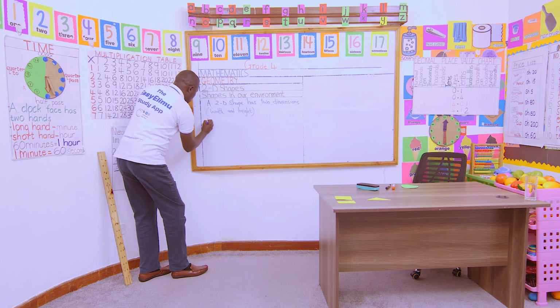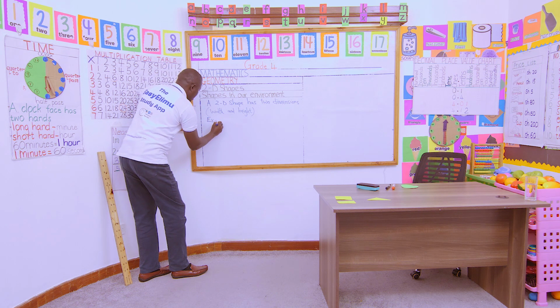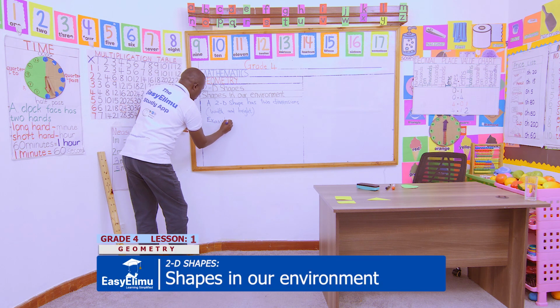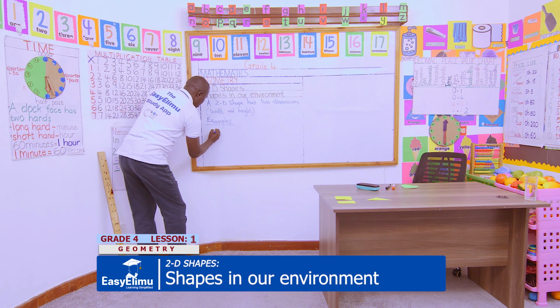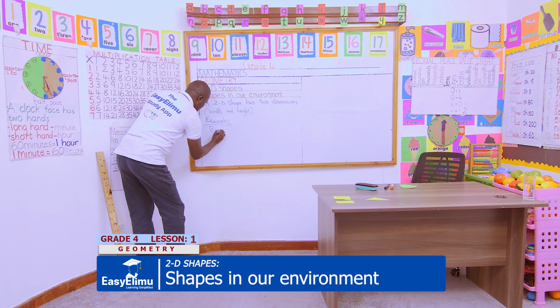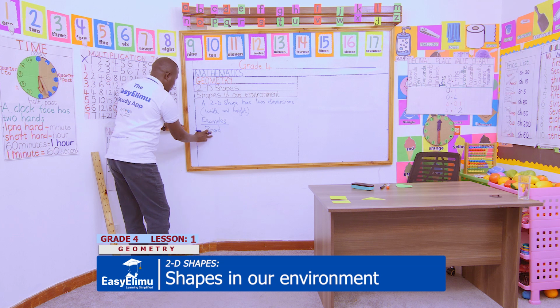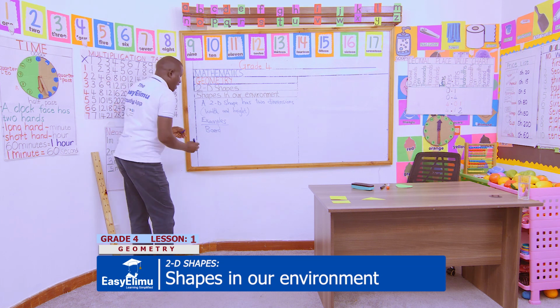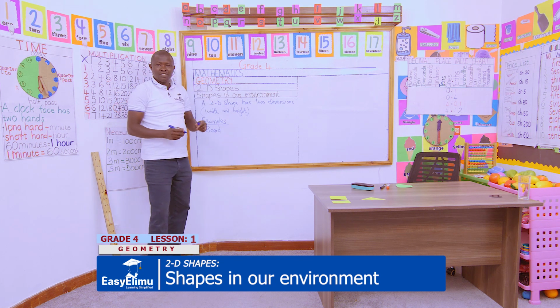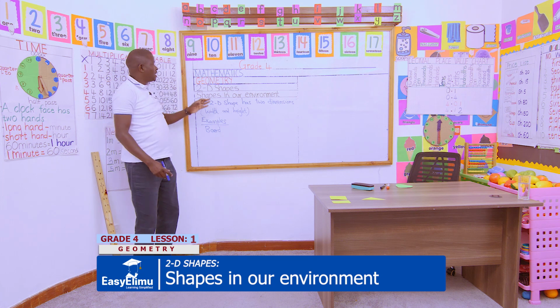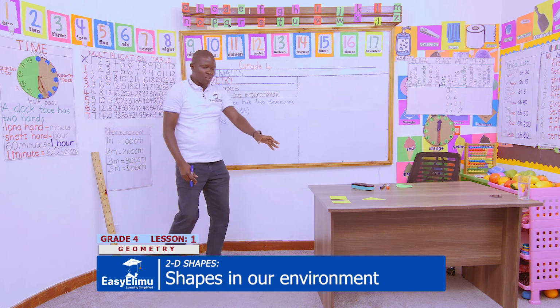So examples in our locality or in our class: we have the board. Our board, which I'm writing on, has those two sides. We have just identified the board. Any other bearing this shape? Yes, Tom. Any other bearing the shape of a rectangle or a square?